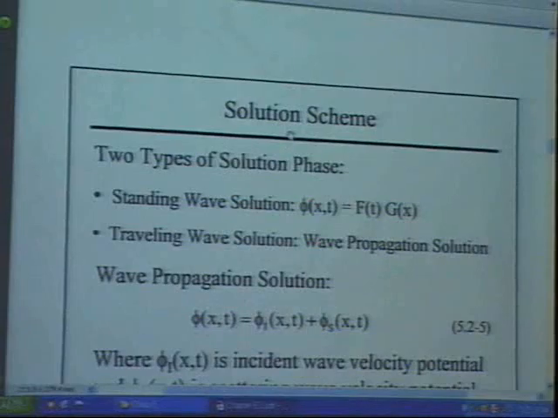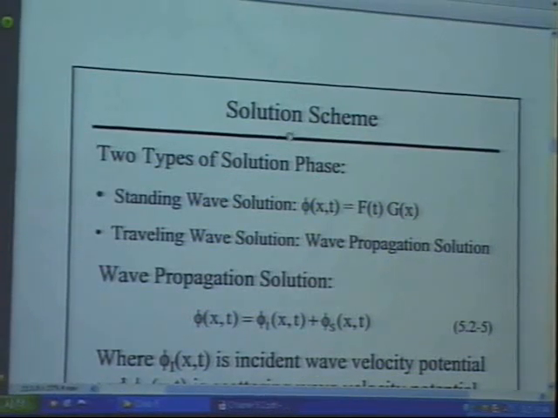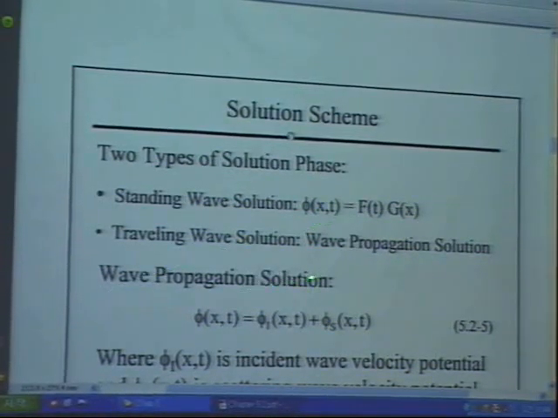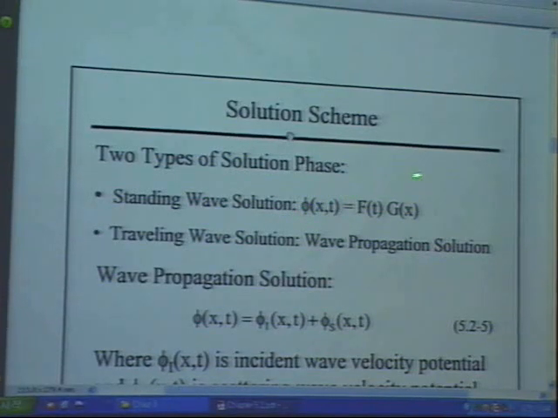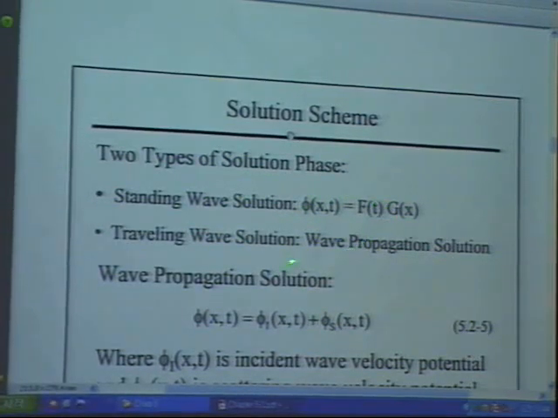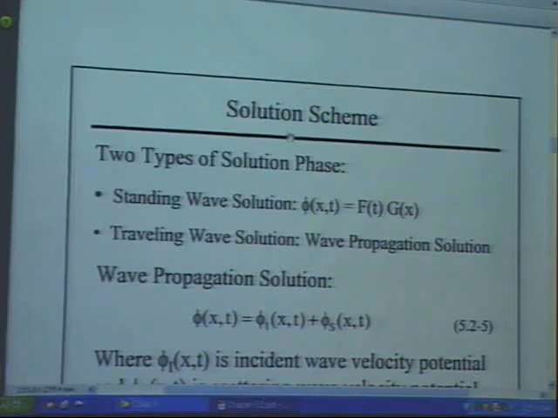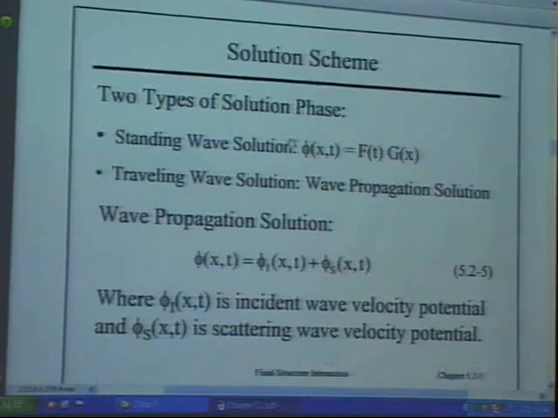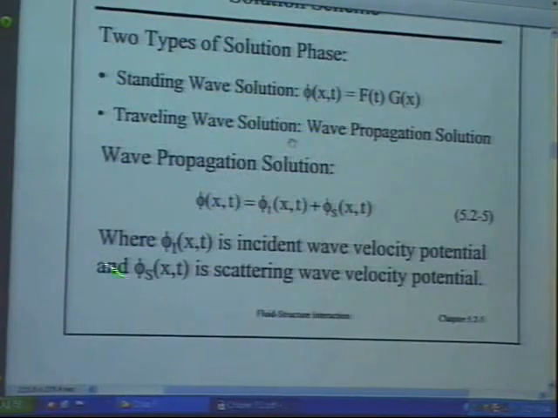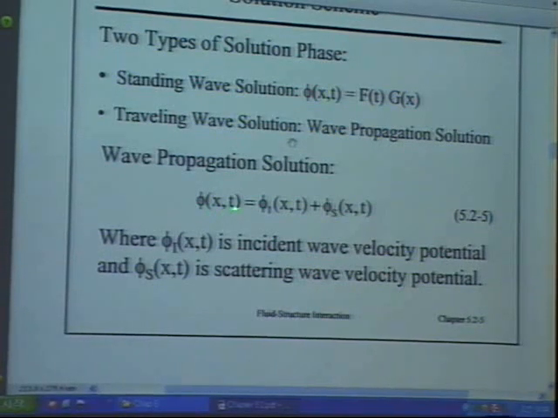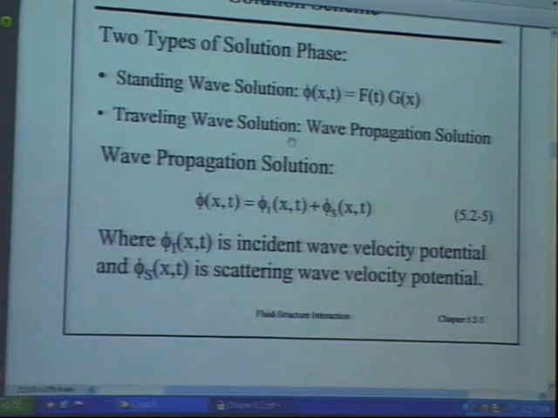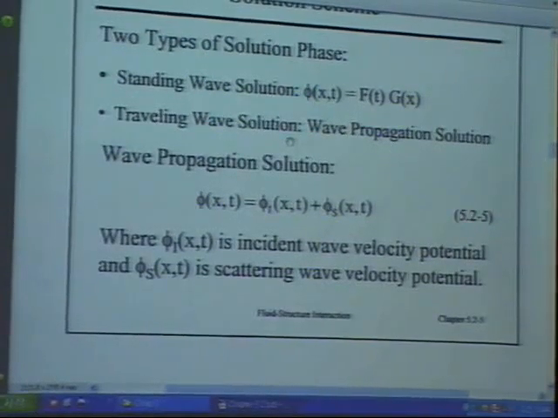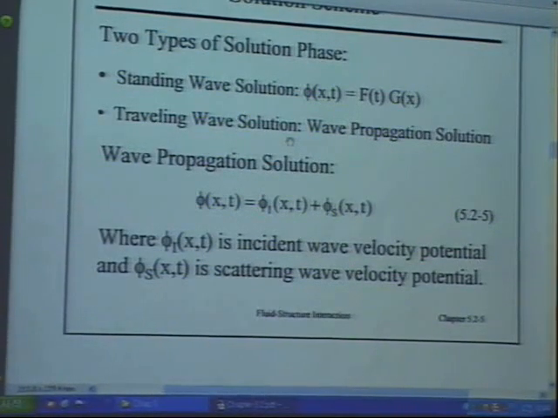In the solution phase, we look at the wave propagation solution. This is before solving for vibration. So we will look into the wave solution, the traveling wave solution. Then you assume, of course, phi is equal to phi_i plus phi_s. One is incident, the other one is scattered.